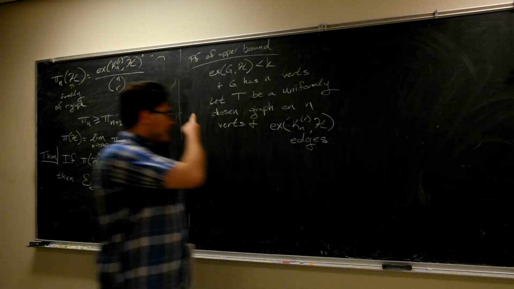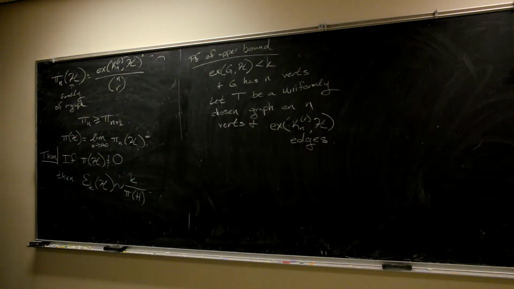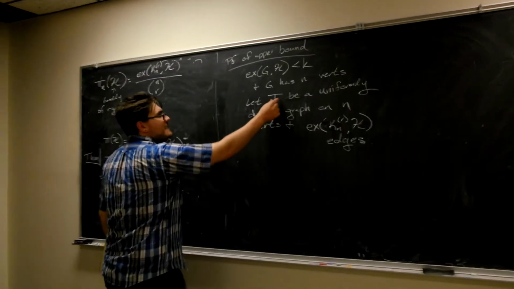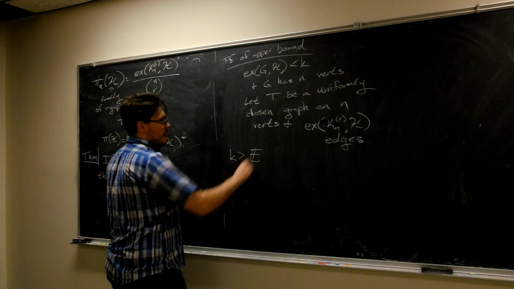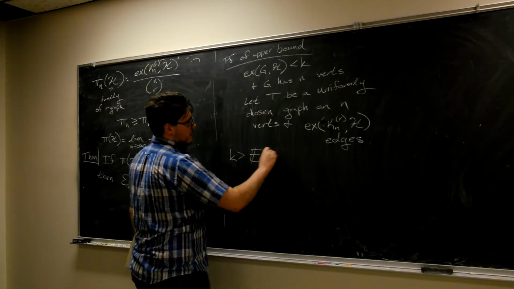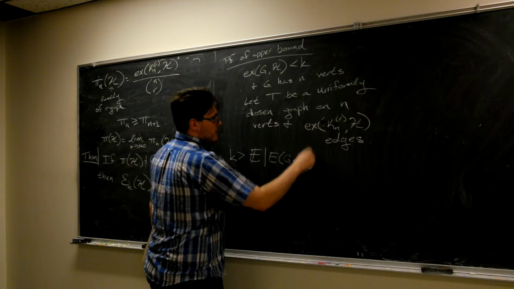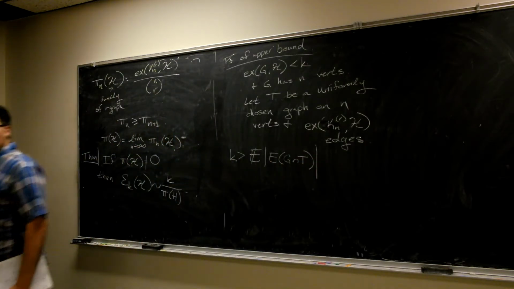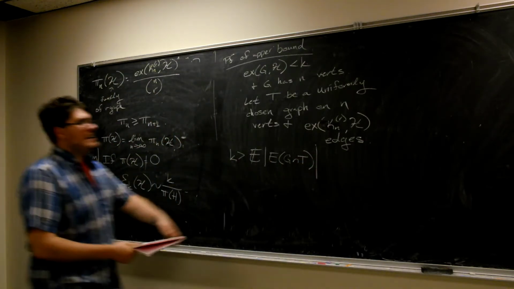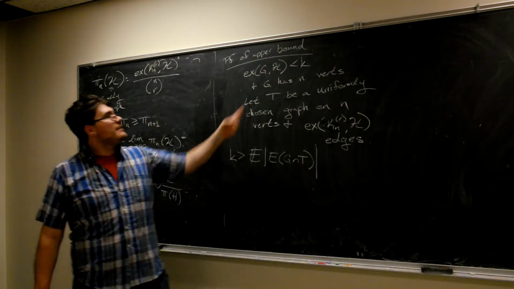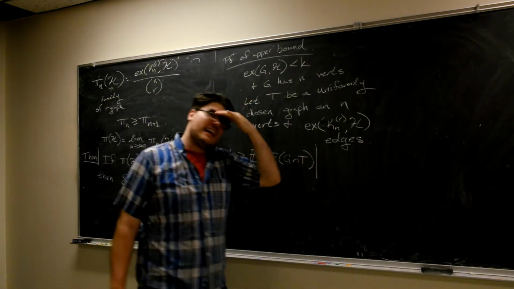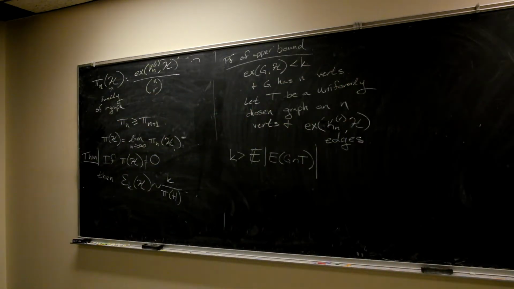So we're thinking about this graph T as living on the same vertex set as G. Essentially I'm just sampling the edges of G by intersecting it with T. So what's going to happen? Well, if I take only the edges of G that intersect with this copy of T, it will not have a copy of H by the definition of T. But also that number of edges has to be less than k because, well, I know if I take more than k edges, I must get a copy. Right? Definition of this extremal number.